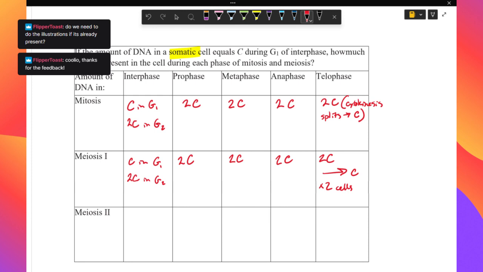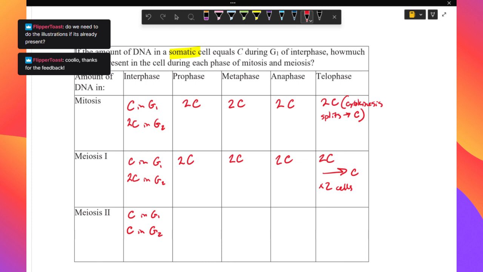And in meiosis 2, we stick with 1 times the amount of DNA.